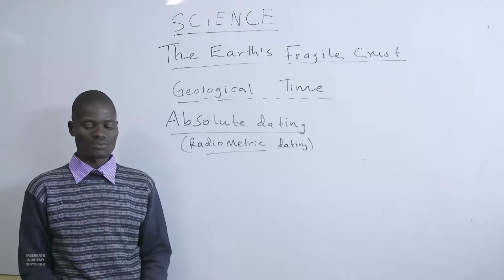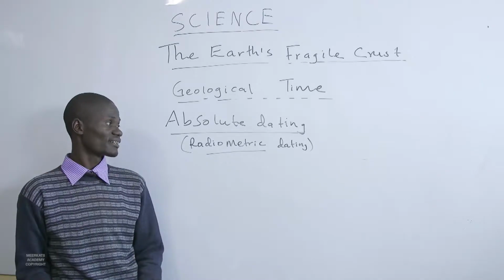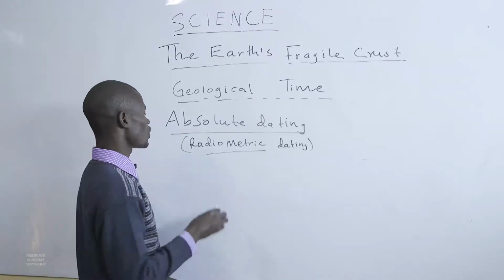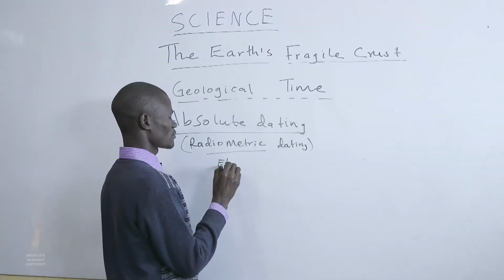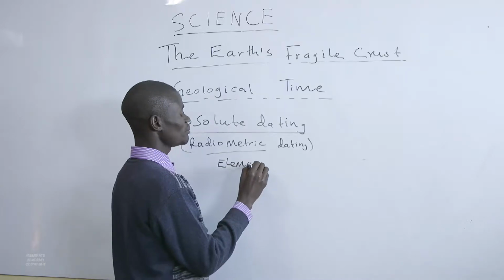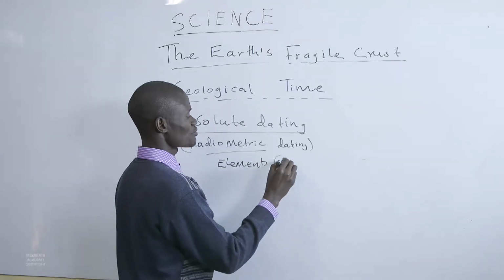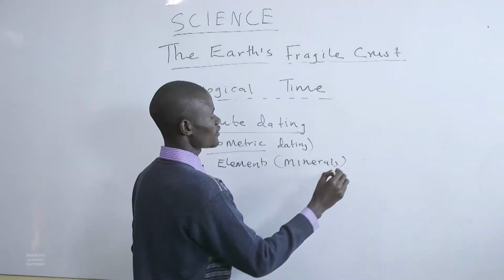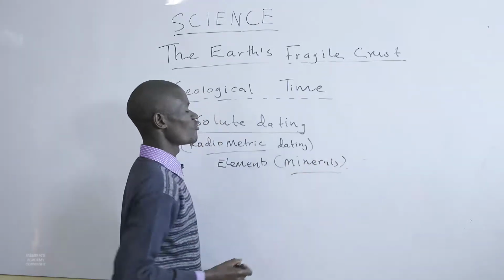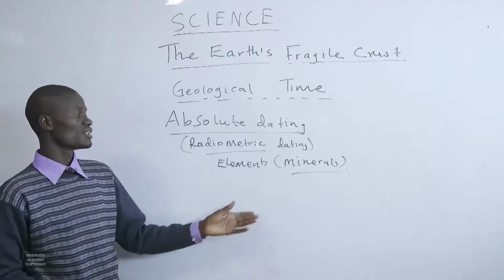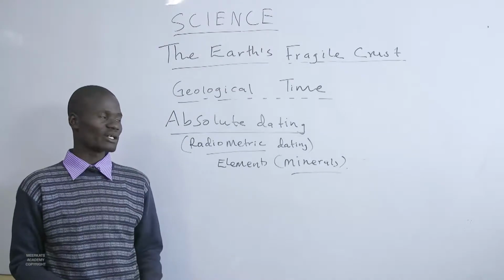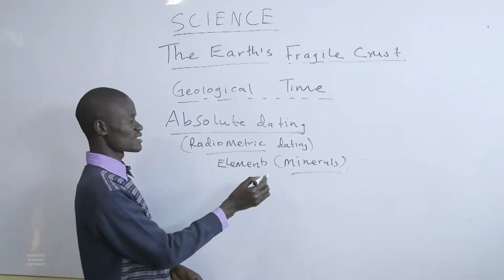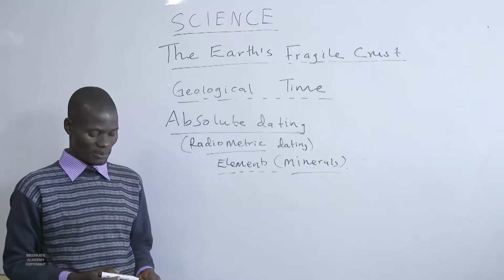Mostly the atoms which are found in the Earth's crust have what we call elements. We were able to look at various elements such as minerals, and from that subject of minerals, we find that different minerals have different chemical compositions, and therefore they are also distinct in definite shape.